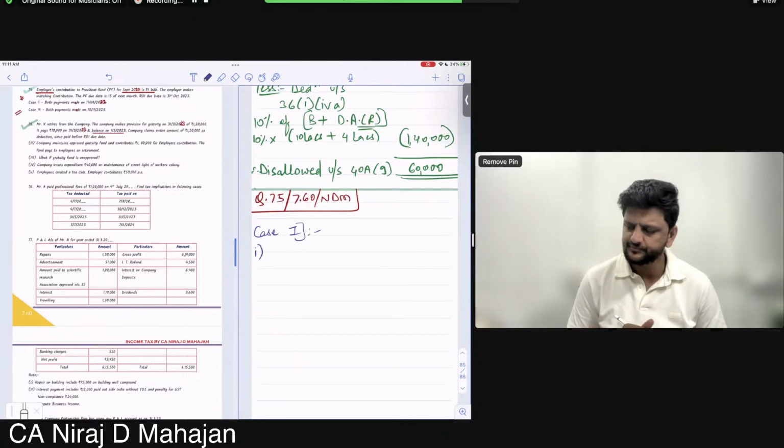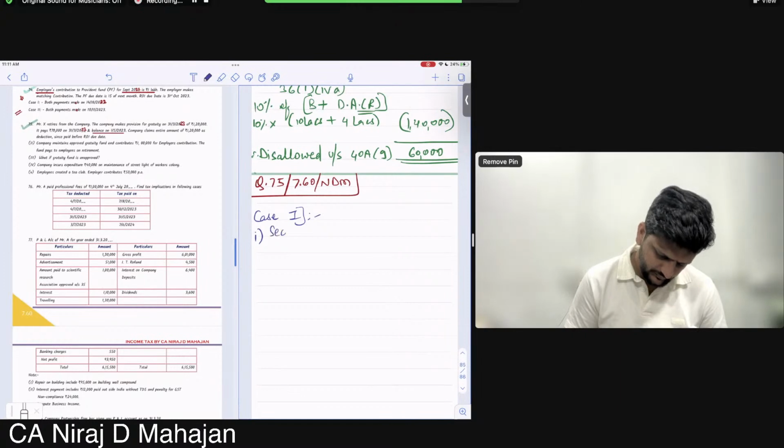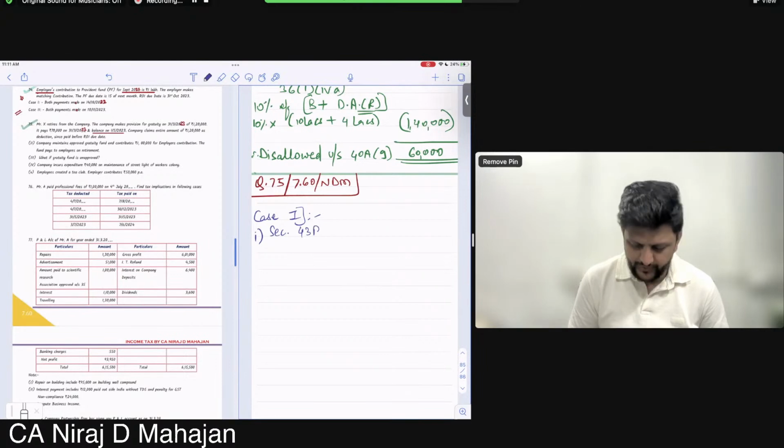Under case 1, Section 43B does not apply to.